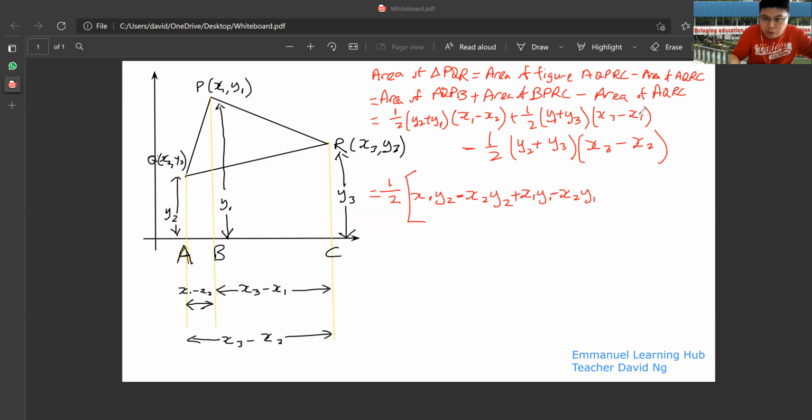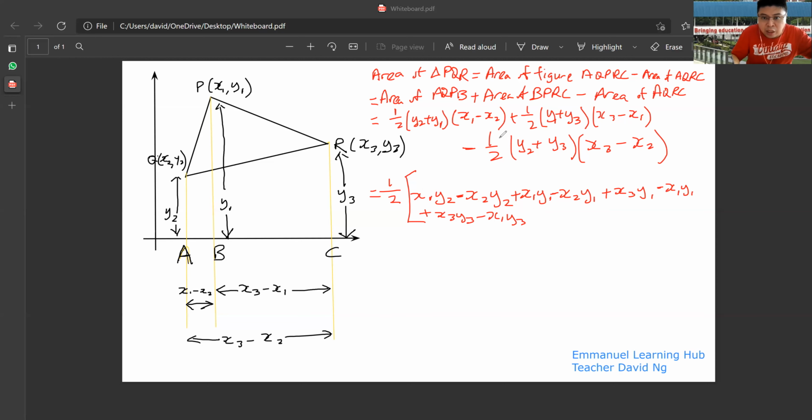And plus this part, because I took out my half already: x3, y1 minus x1, y1, then plus x3, y3 minus x1, y3.